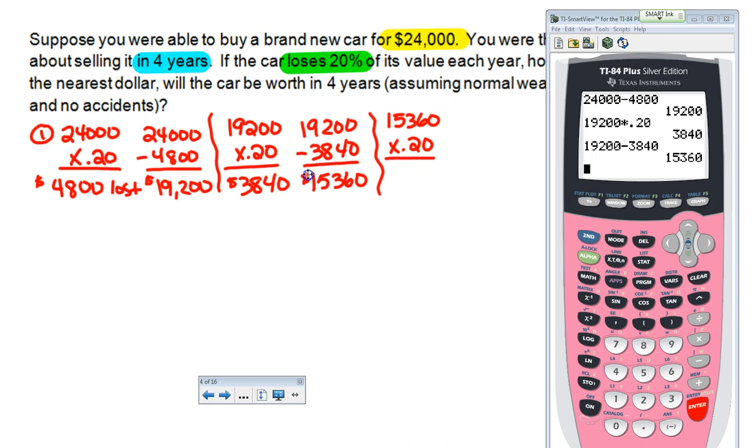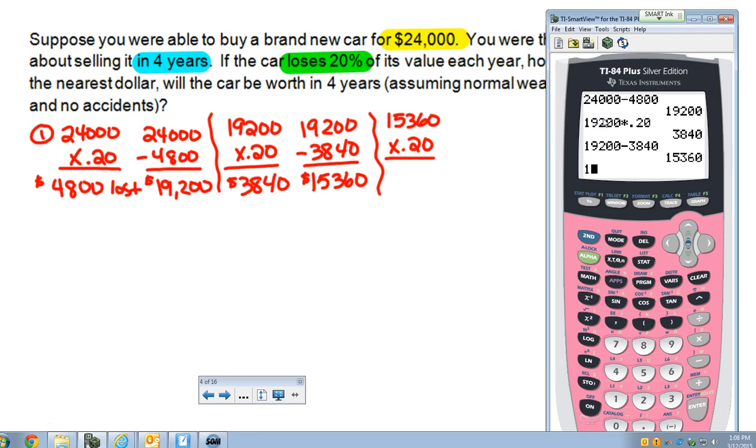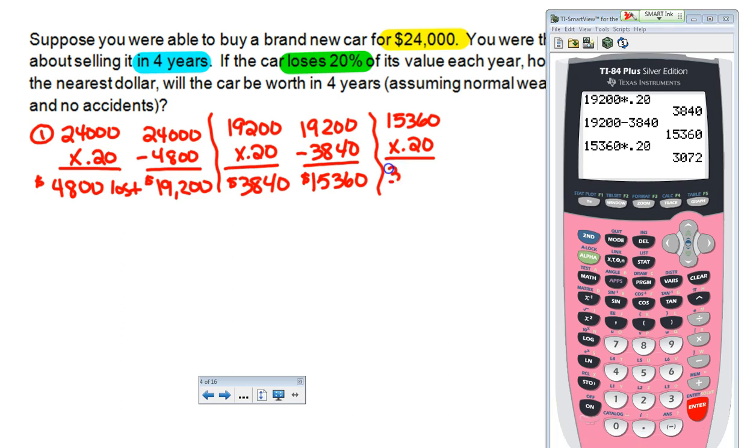Okay, so let's see how much we lose now. So now we lose $3,072.